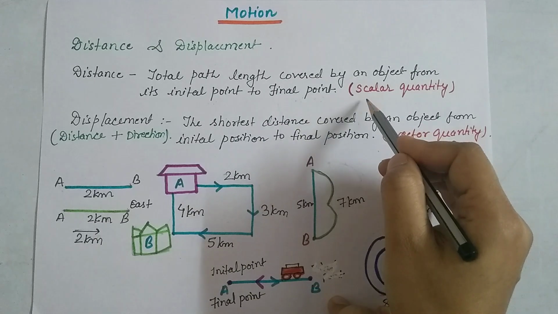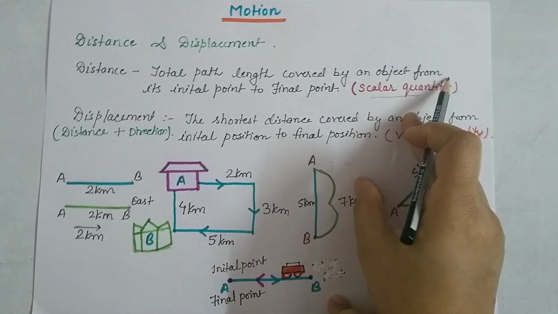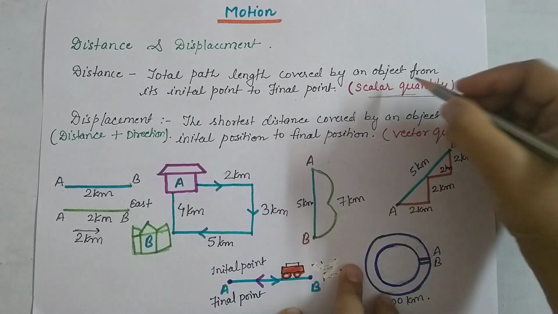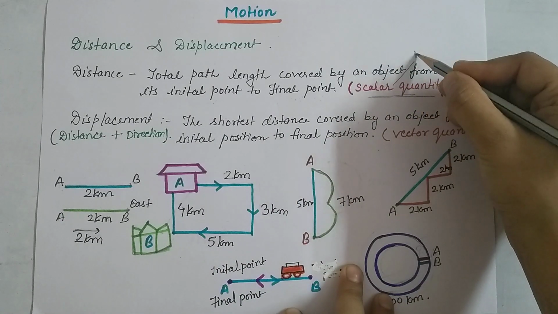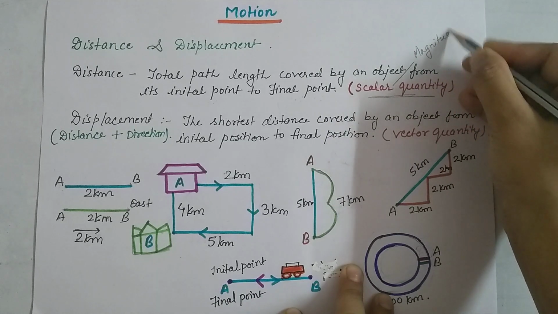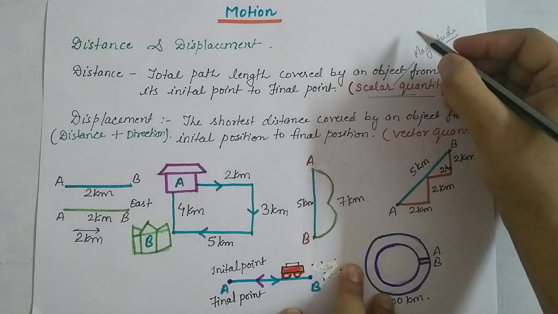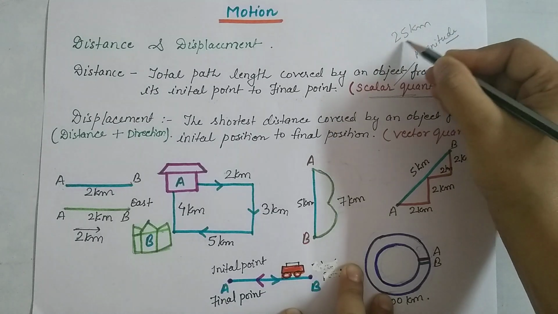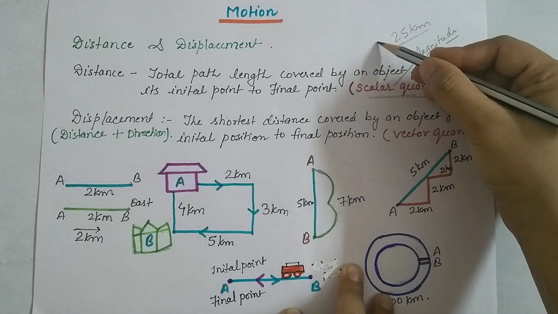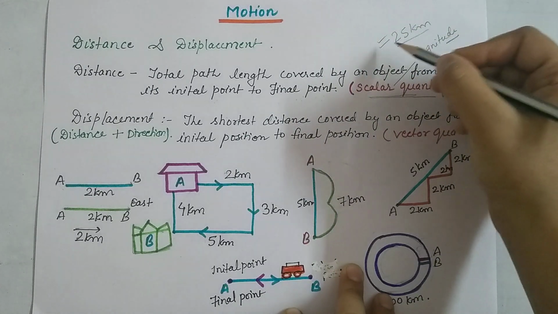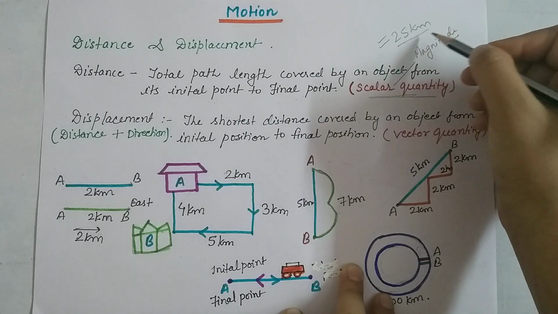Distance is a scalar quantity. You already understood that a scalar quantity only has magnitude. So we can say that I covered 25 kilometers, or my school is 25 kilometers away from my home.